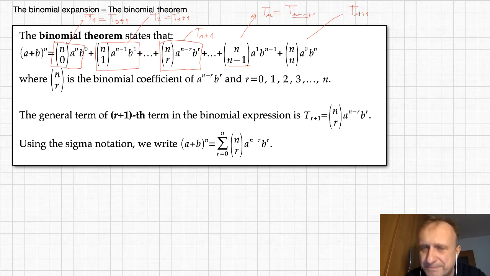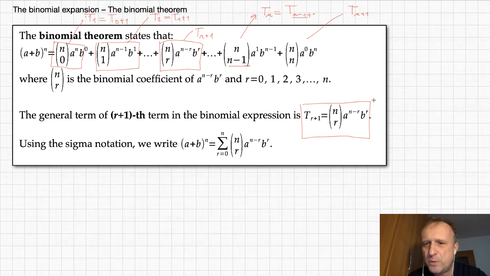And you see that this n here is in the nth row of the binomial coefficients. So this formula helps you to evaluate the r plus 1th term, the general term of the binomial theorem.